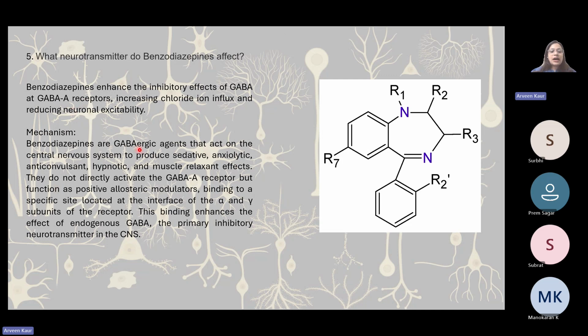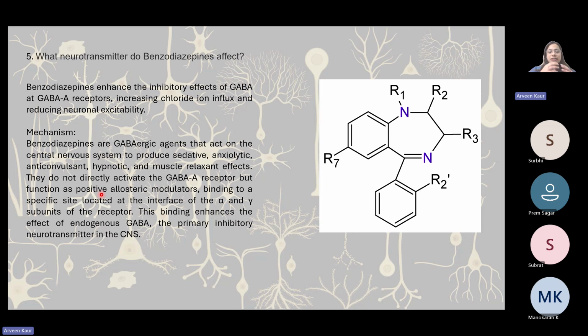Benzodiazepines are GABAergic agents that act on the central nervous system to produce sedative, anxiolytic, anticonvulsant, hypnotic, and muscle relaxant effects. They do not activate the GABA A receptor but function as positive allosteric modulators. What does that mean?